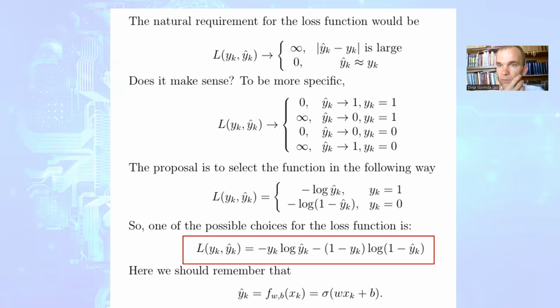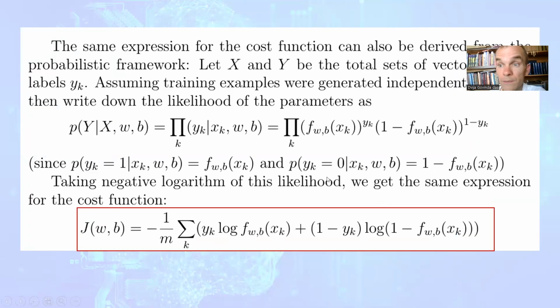Those of you who are familiar with information theory will see this looks much like entropy, and indeed it has definite similarities, but we will talk about this in more detail in the following videos. So we have selected our loss function, and also, here I will not go into the details, but we can find the same value of the cost function based on some probabilistic interpretation.